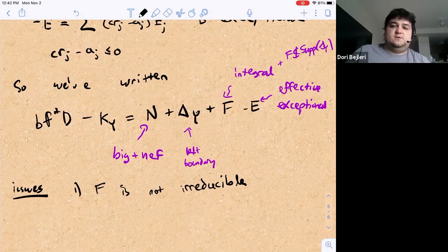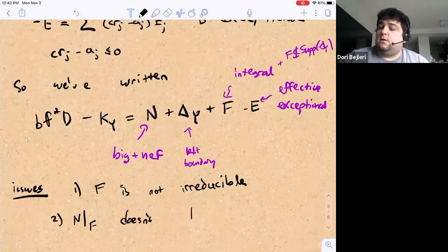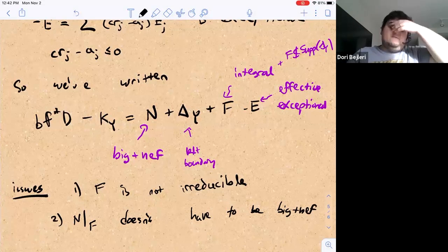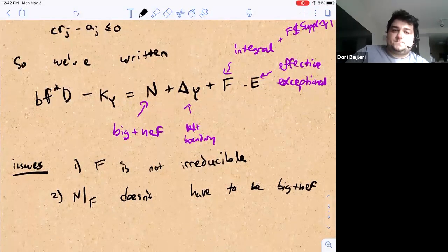So in particular, f isn't normal. And two, we don't really have control over n restricted to f. This n restricted to f doesn't have to satisfy the hypotheses of the statement we want to prove.